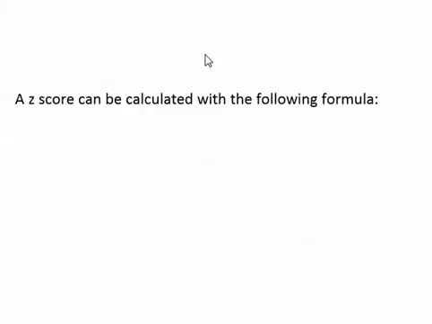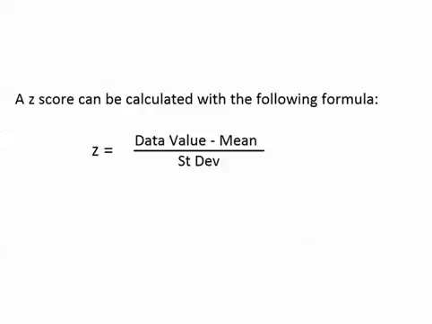But now at this point, I think a z-score is conceptually clear. I think you understand the concept of a z-score, so from now on we'll just use the formula to find z-scores. And this is the formula. The formula for a z-score is just the data value minus the mean divided by the standard deviation.